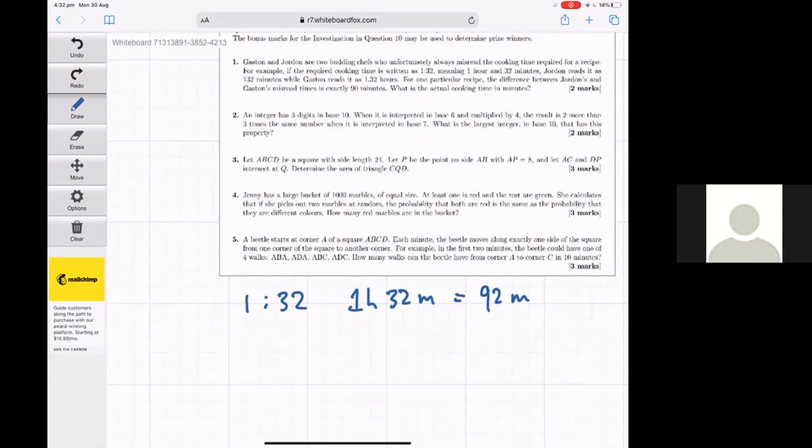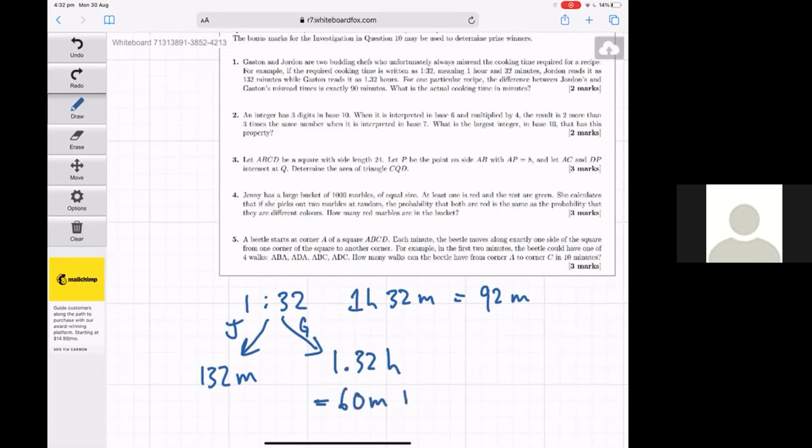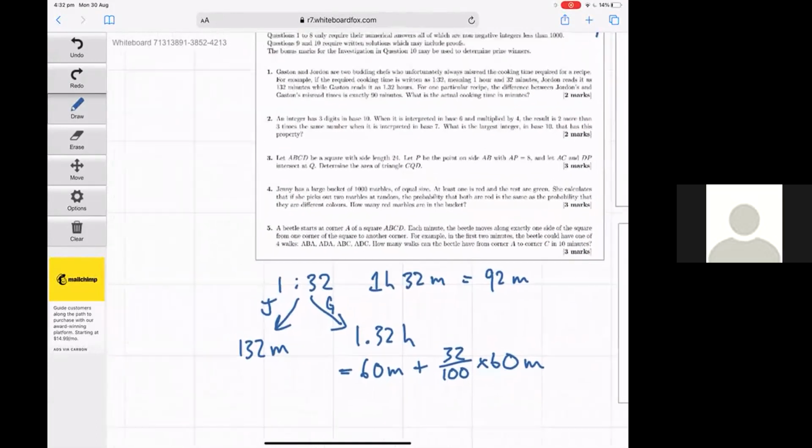But then Jordan interprets this as 132 minutes, and Gaston interprets it as 1.32 hours, which is 60 minutes plus 32 on 100 times 60 minutes.